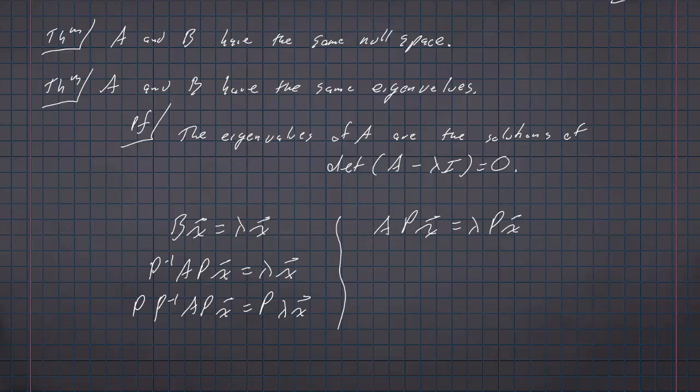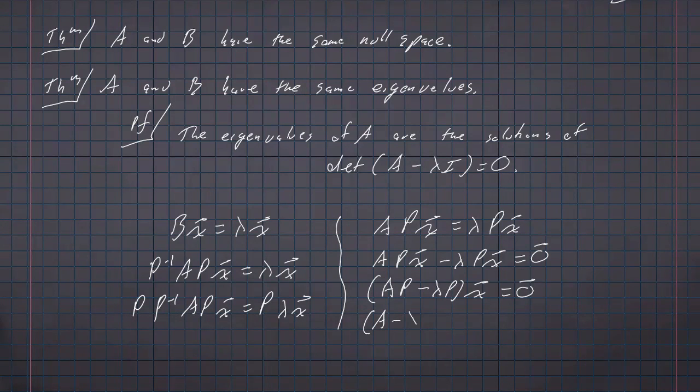Then from here, I use the same process that we used in finding the characteristic equation in the first place. Only I take it a step further and get that A minus lambda I times P times x is equal to 0.